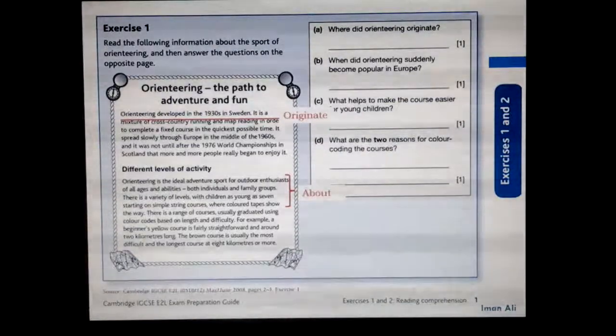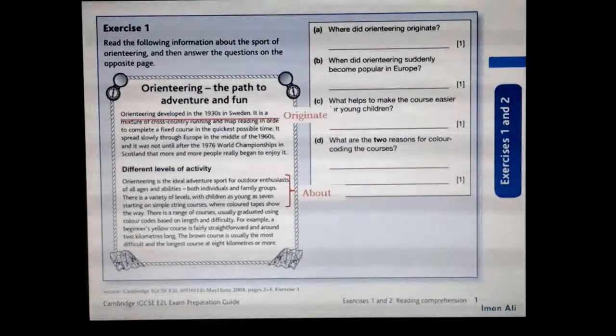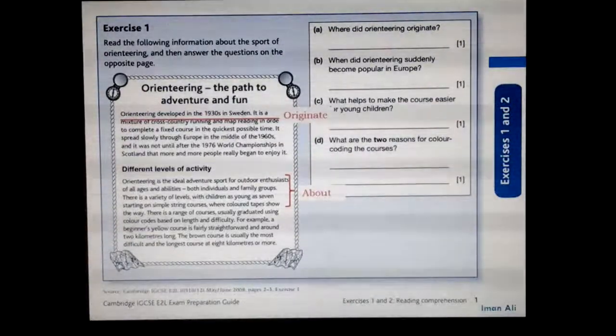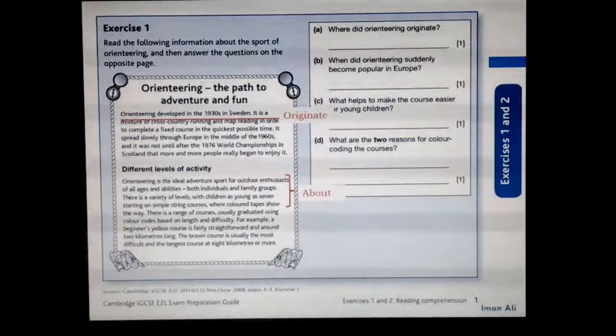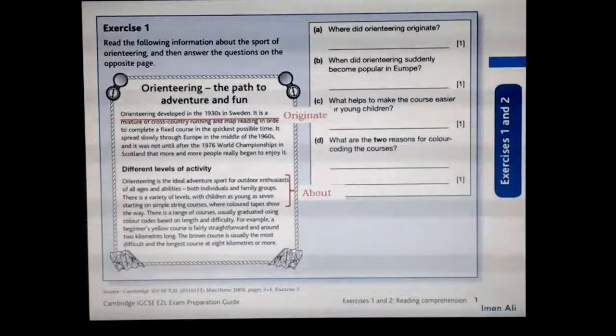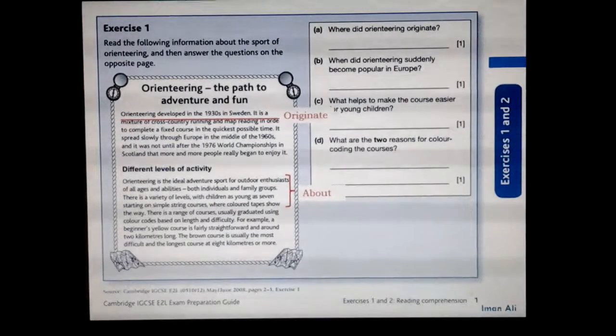You can do that by either underlining the main points or putting them in brackets. Then beside that, write a short note about what that underlined text talks about, so that the next time you don't need to read the whole text because you already have the key points underlined.